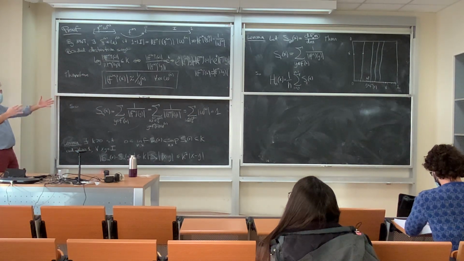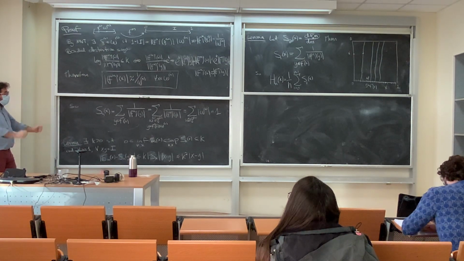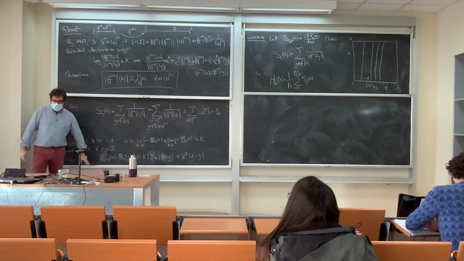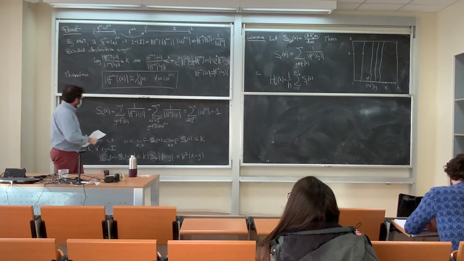On the whole interval 0, 1, which is in some sense the most important property of this density. The next thing we need to show is that it's Lipschitz, right? We need to show that Sn is Lipschitz continuous.